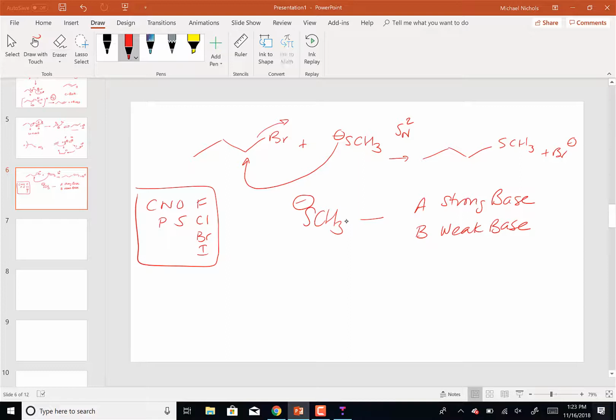Yes, but are we really comparing? Yes, SCH3 minus is a stronger base than bromide is, and any of these we said were stronger than the halogens. So that's true. I'm thinking though in comparison to other things.